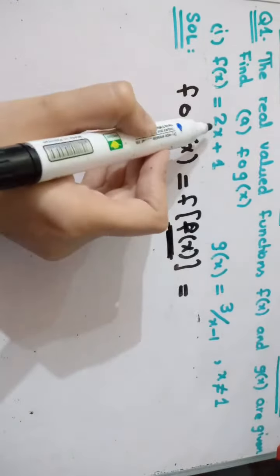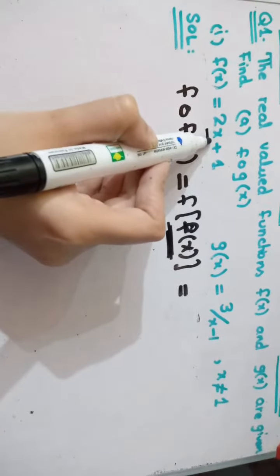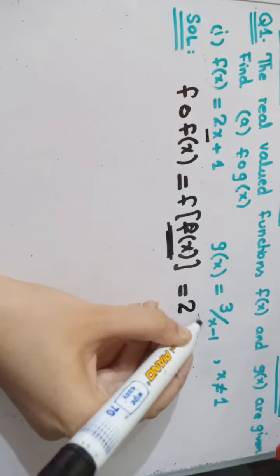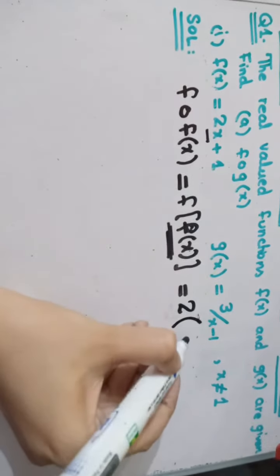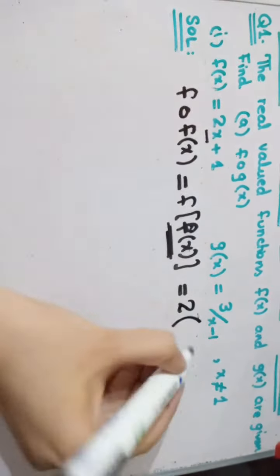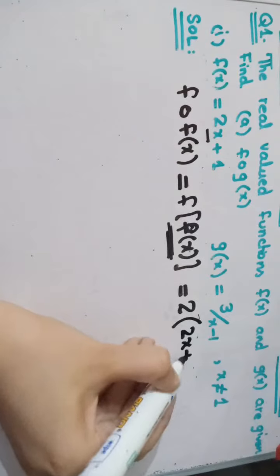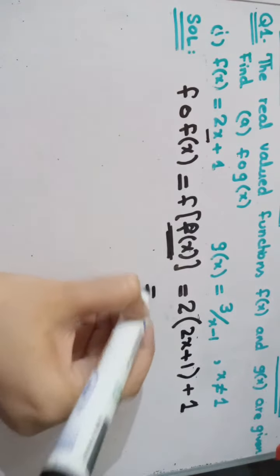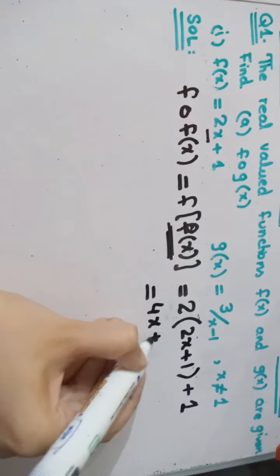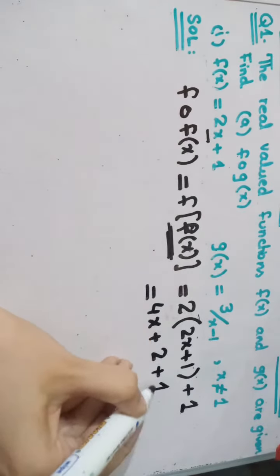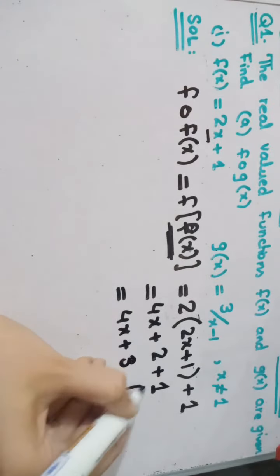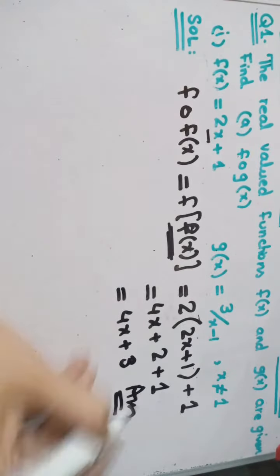So at the place of x, you have to again put the value of f of x. So it will become 2 into 2x plus 1, plus 1. It will become 4x plus 2 plus 1. 4x plus 3. This is your required answer.